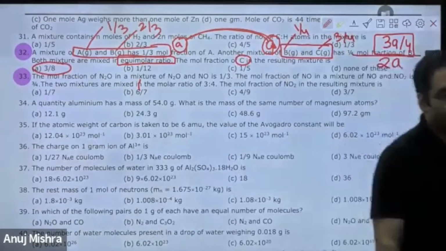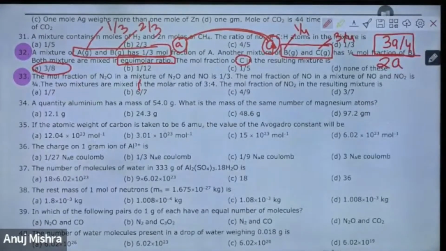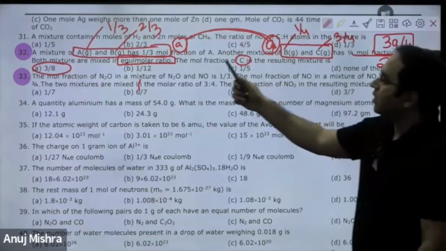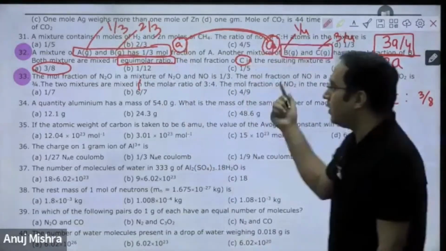Good. Simple question. What is mole fraction of, let's say you are solving A. What's the answer? Mole fraction of A कितना होगा? बताइए. In the same question, what is mole fraction of A? C is 3 by 8. What is A? So A is how much? 1 by 3A upon 2A.